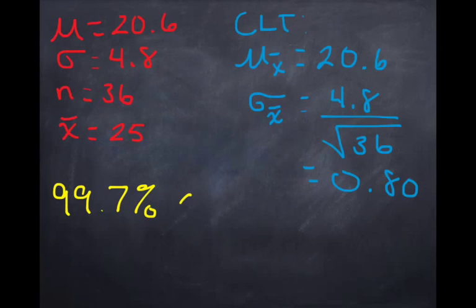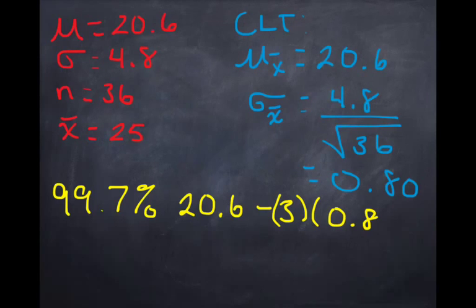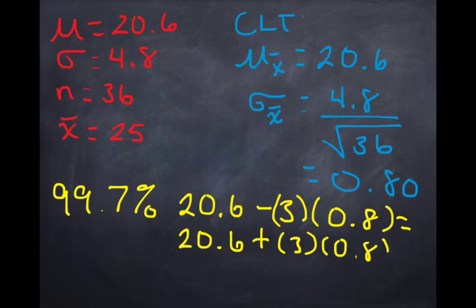And so you're going to have the mean 20.6 minus 3 standard deviations. And so 3 times the standard deviation for x bar, 0.8. And then you're going to take the mean 20.6 plus 3 times 0.8.